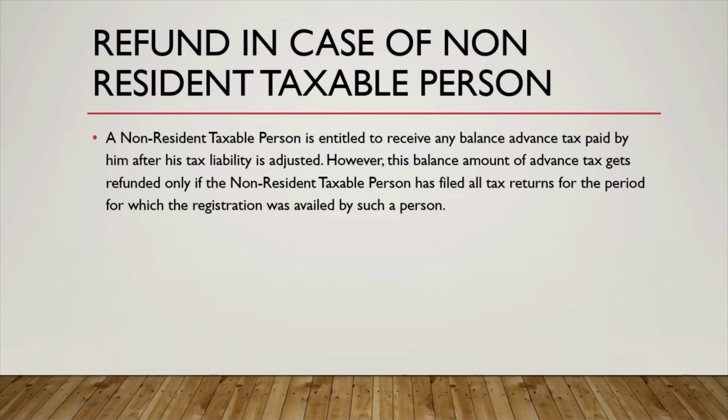So a non-resident taxable person is entitled to receive any balance advance tax paid by him after his tax liability is adjusted. However, this balance amount of advance tax gets refunded only if the non-resident taxable person has filed all tax returns for the period for which the registration was availed by such a person.